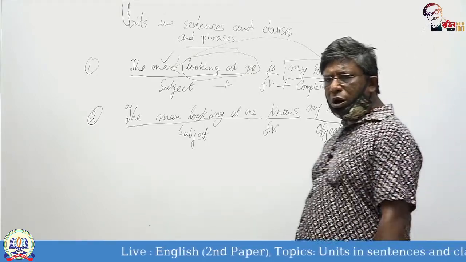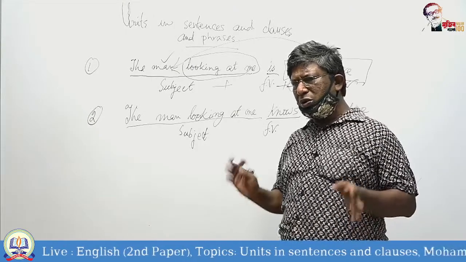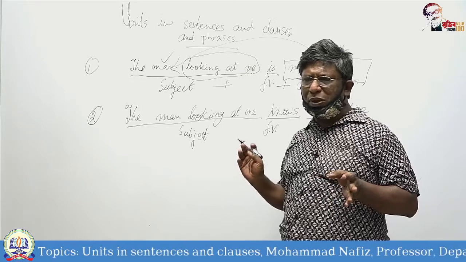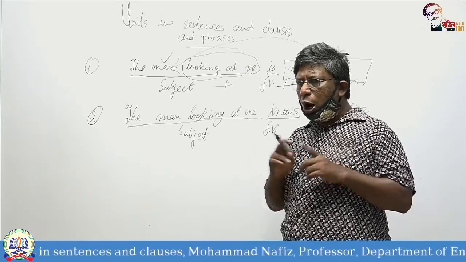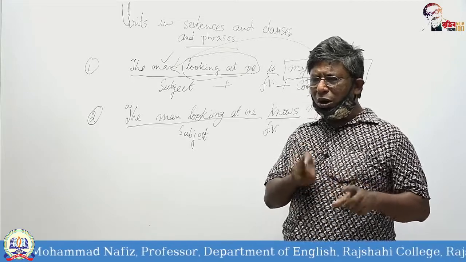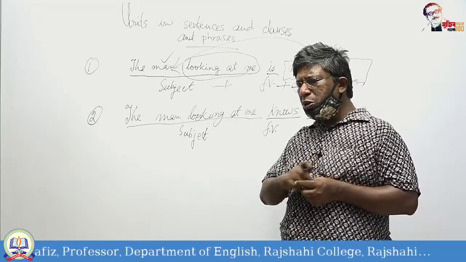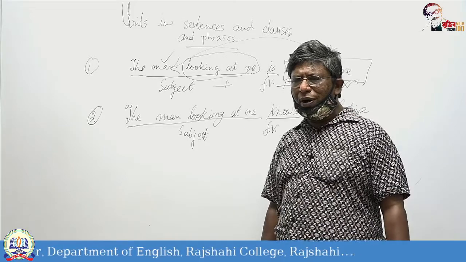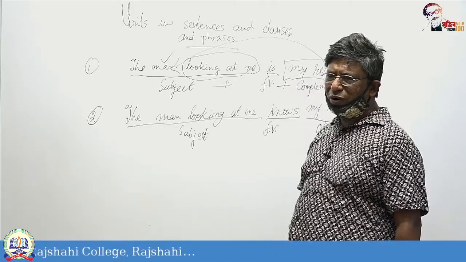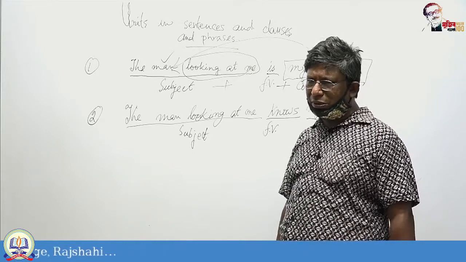So, all the nouns we get after the finite verb in a clause cannot be called objects. Objects are only those nouns or noun phrases which do not refer to the subject, do not give the identity or information about the subject.